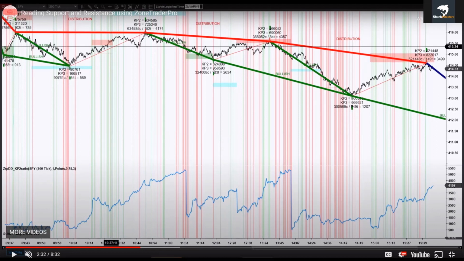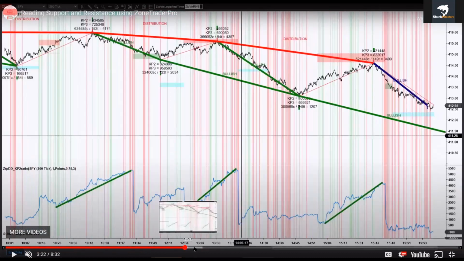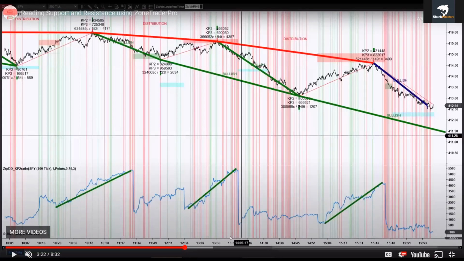A 12-point trade from here, a 15-point trade from here. Let's see if we can pull this further. That was probably at least another 10 points. You can see how far down the green line is going.